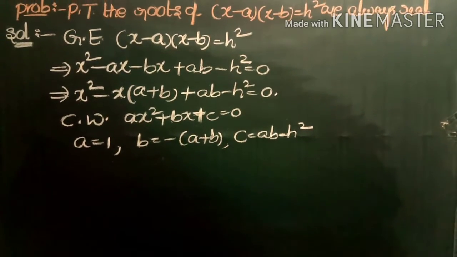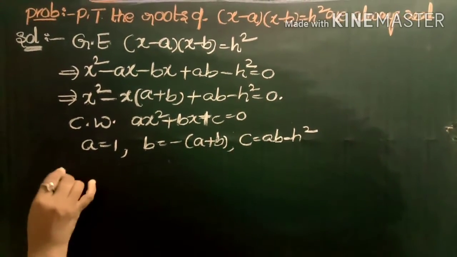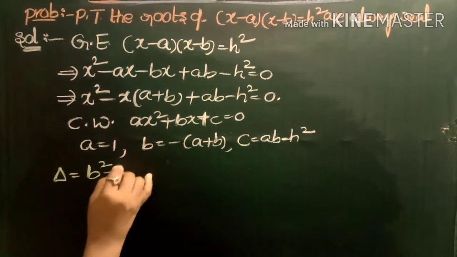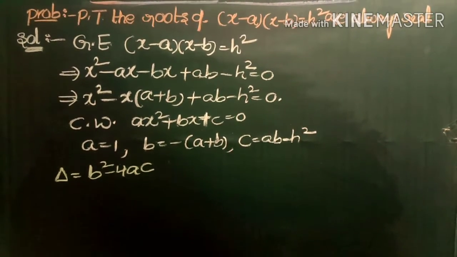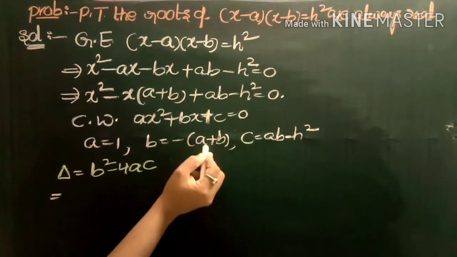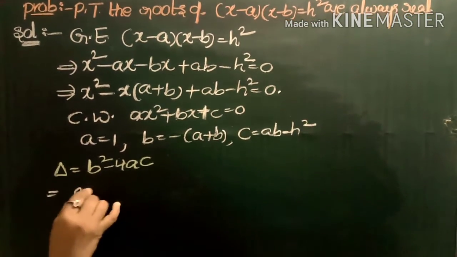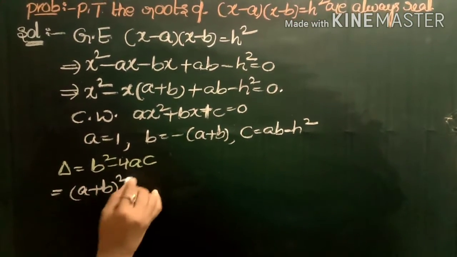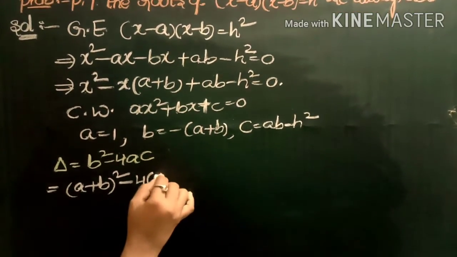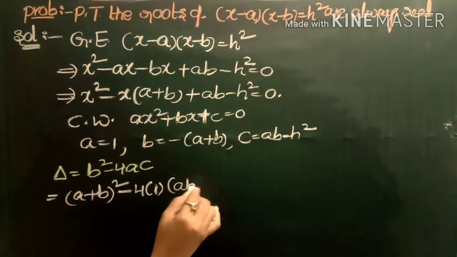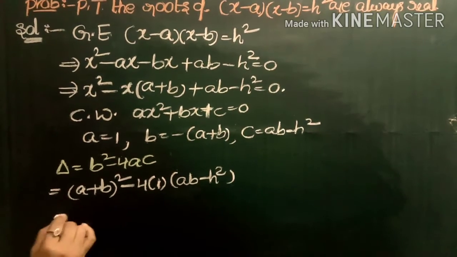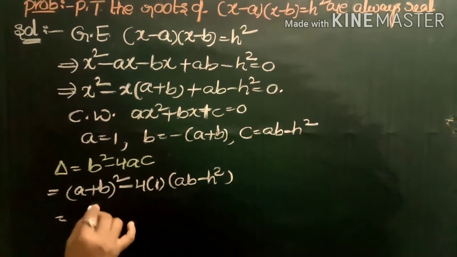Now finding the delta value, discriminant delta is equal to b square minus 4ac. Now replacing the values. Here b is equal to minus of (a plus b). Then b square is equal to (a plus b) whole square, minus 4 into a value 1 into c value ab minus h square.